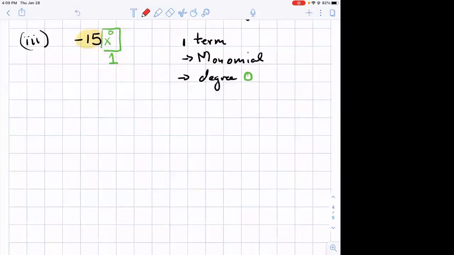So now that you have an understanding of what a polynomial is, what a monomial is, what a binomial is, what a trinomial is, okay?